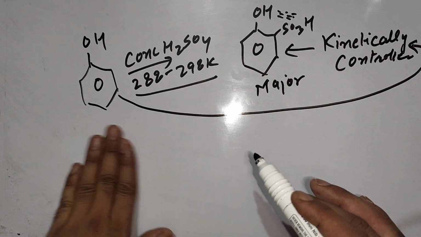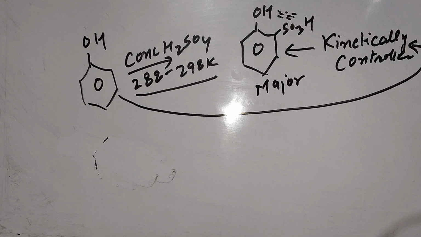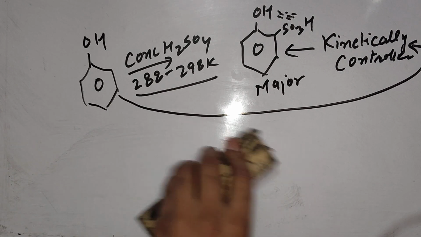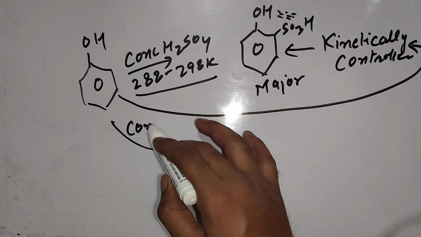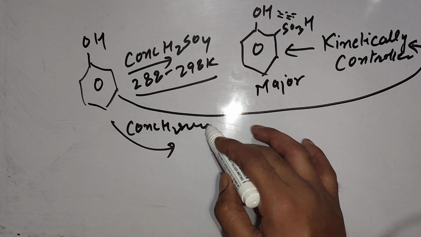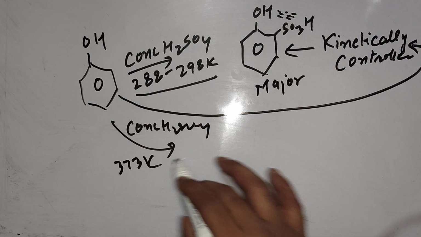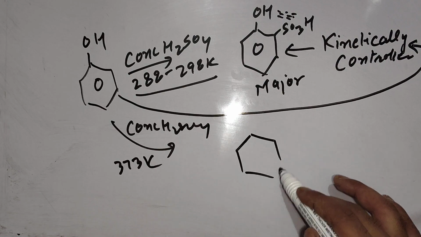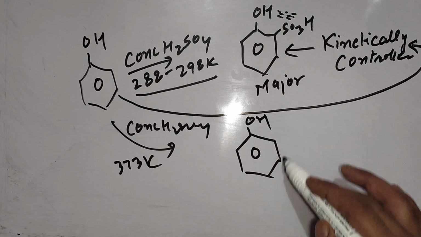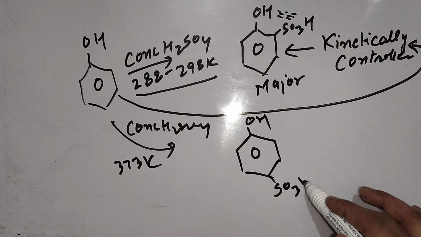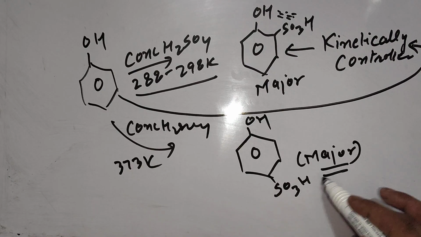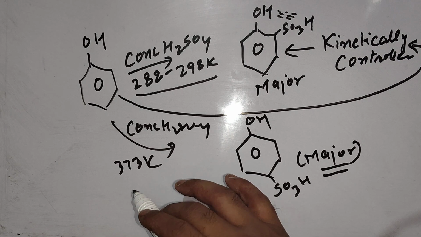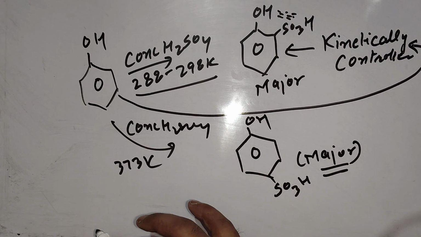And if we are bringing this reaction to high temperature, like 373 Kelvin, then firstly we will get para substituted product as the major product. Reason we know, because at this temperature steric hindrance will dominate over hydrogen bonding.